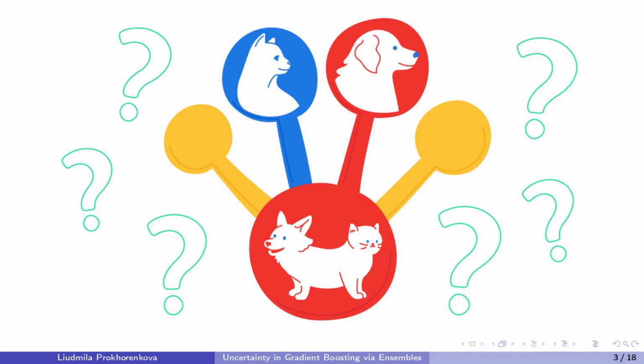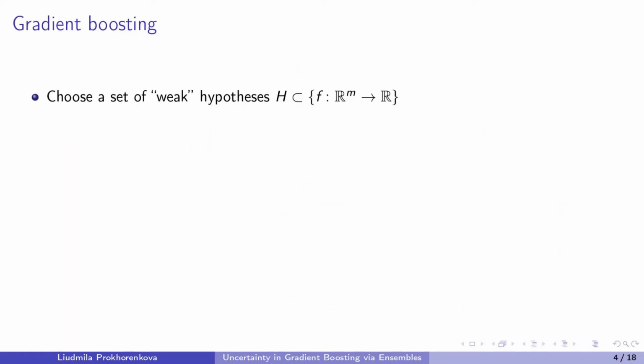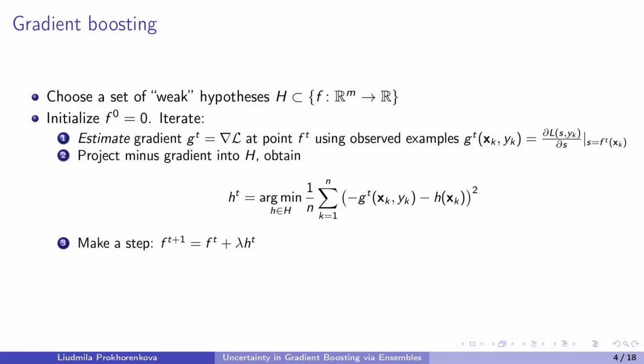This presentation is about uncertainty estimates in gradient boosting. So, let me briefly describe the algorithm. Gradient boosting is a method of building a strong model from weaker ones. Namely, assume that we are given a set of weak learners H. Usually, this set is formed by shallow decision trees. At each step of the algorithm, we compute the gradient of the loss function with respect to the current predictions.